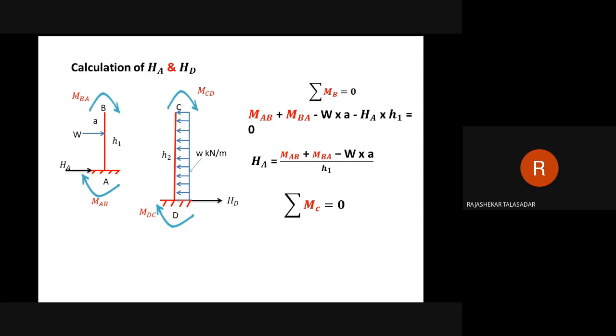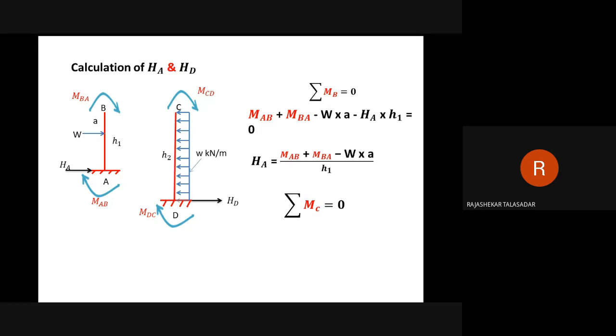HD into H2. You have to tell always with the sign. Minus HD into H2. Yes, correct. Plus W H2 into H2 by 2. Very good. Plus MDC, plus MCD equal to 0.